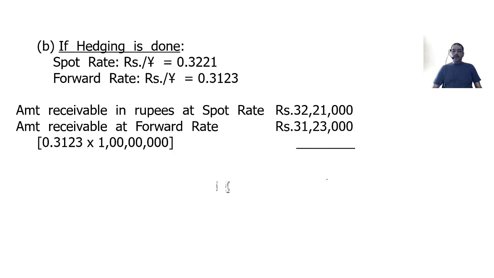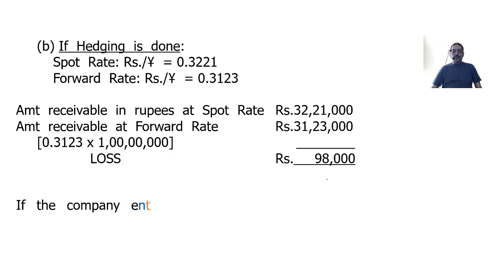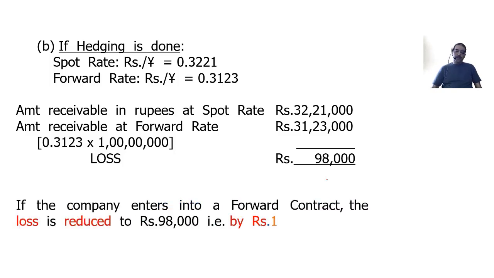Still there is a loss, but the loss is only 98,000. Earlier the loss was 2,35,000. So now there is a benefit of 1,37,000. Correct? So if the company enters into a forward contract, the loss is reduced to 98,000. That is reduced by 1,37,000.